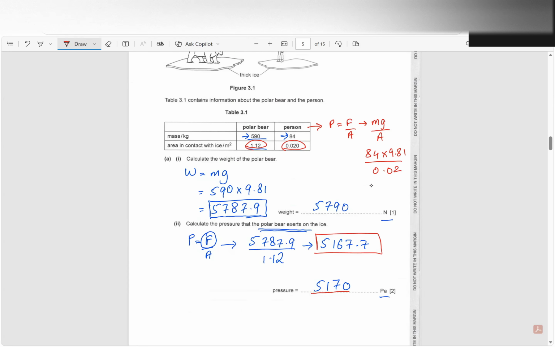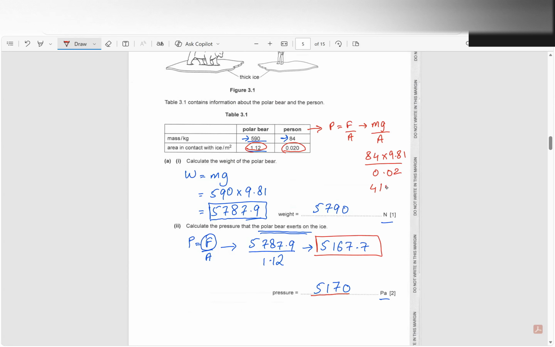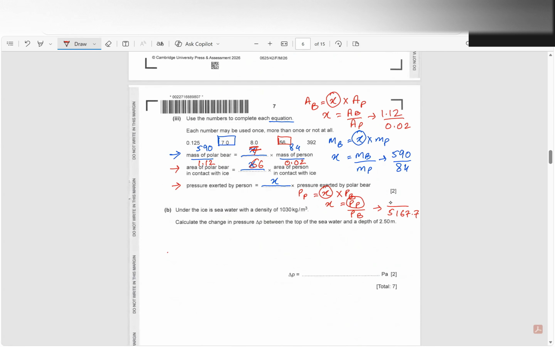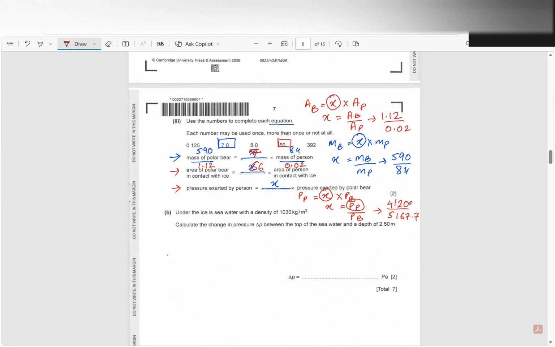It's going to be around 41202. This is the pressure being exerted by the person. So we're simply going to write the value here: 41202. Divide the two and see what's the answer. What's the final answer? 7.9. So we're going to take it as 8. So here we're going to say 8. So 7, 56, and 8 are the numbers that we're going to choose.